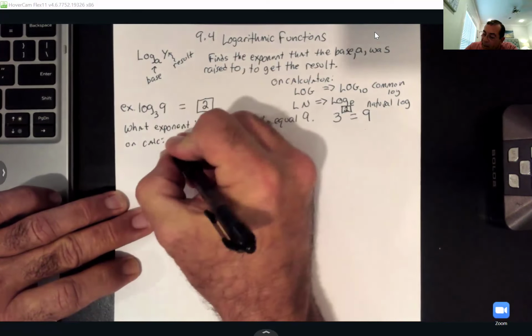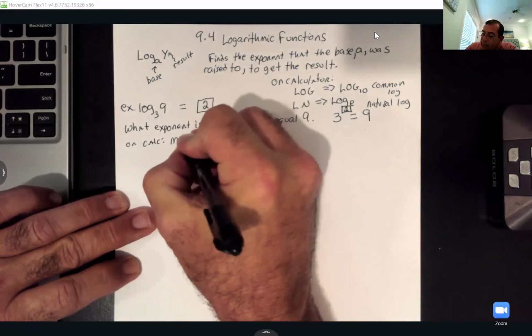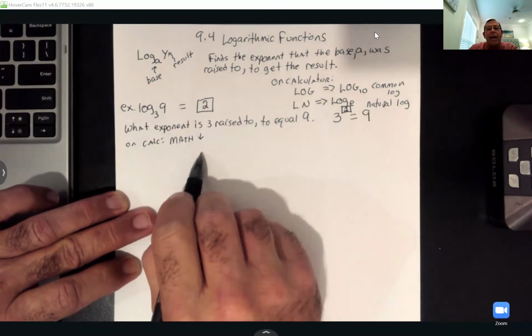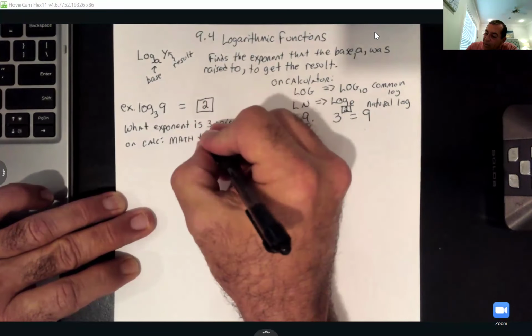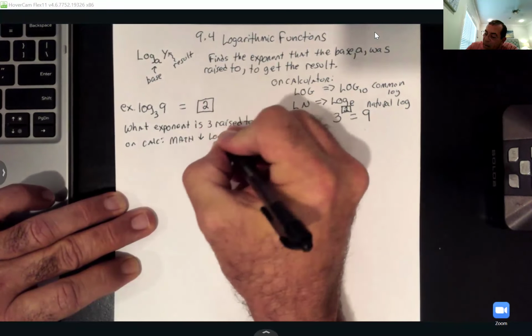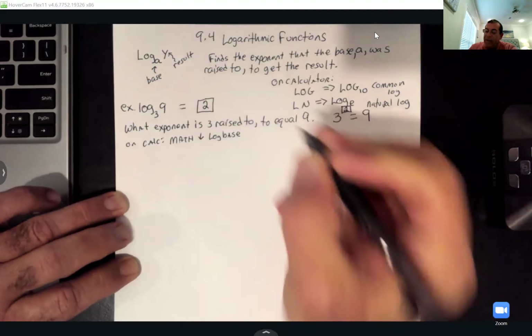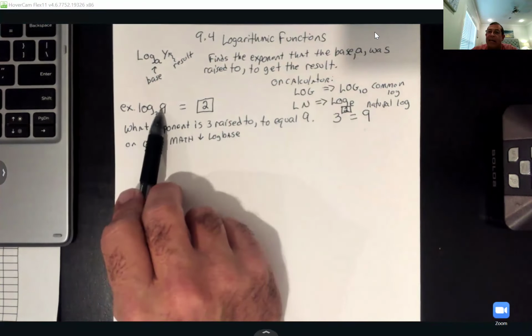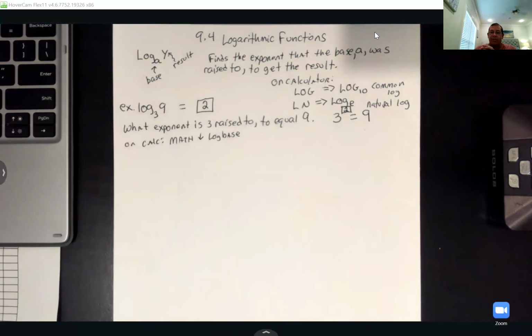On the calculator, we're going to hit the math button. And then we're going to scroll down that math button until we find log base. Once we find log base, we'll be able to put this problem in exactly like it looks and get that answer. So y'all, let's go to the calculator.